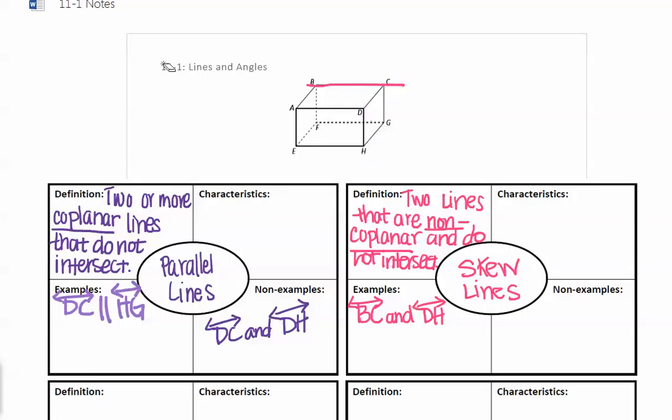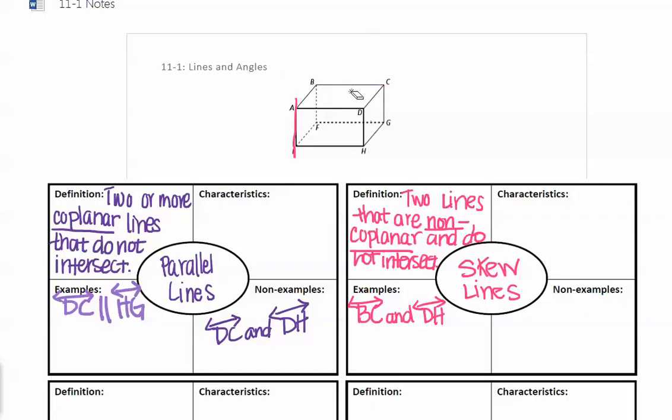Yeah, that was an H. One pair. Let me show you another pair. How about AB and CG? Those would be skew as well. Or how about AE and BC? So there's lots of pairs that we can have.